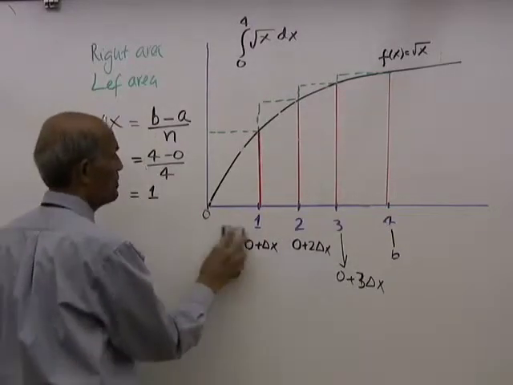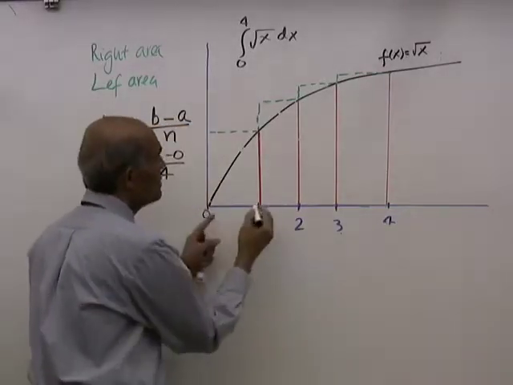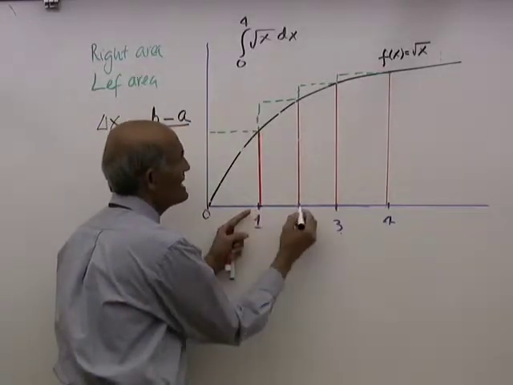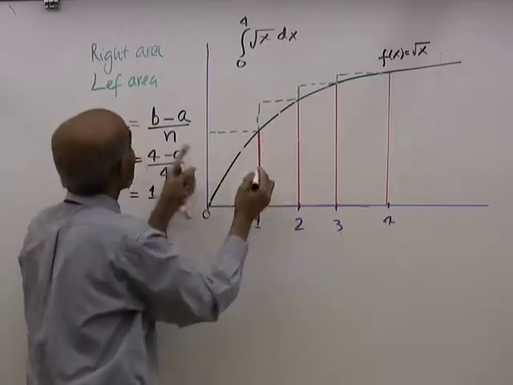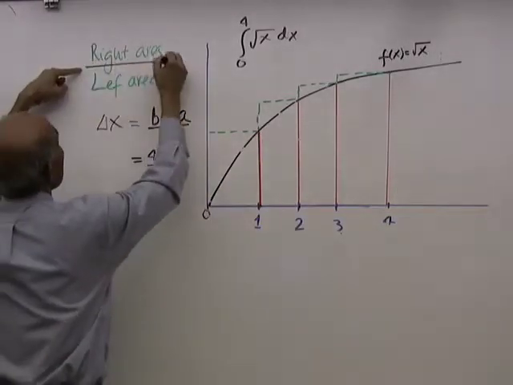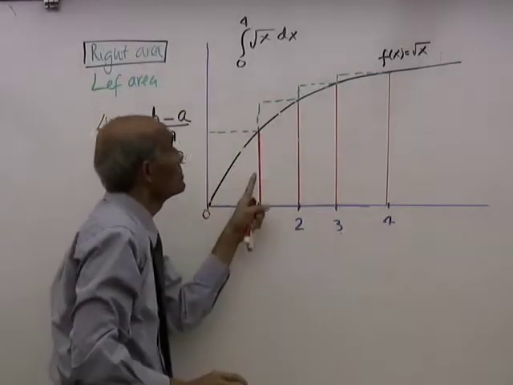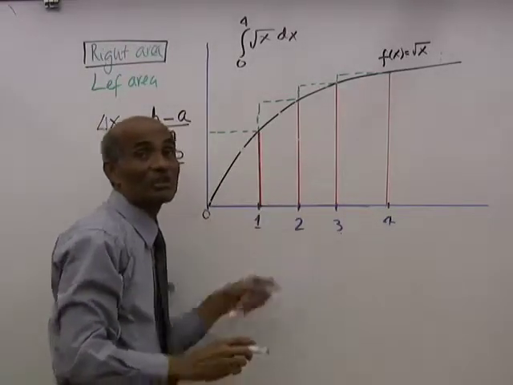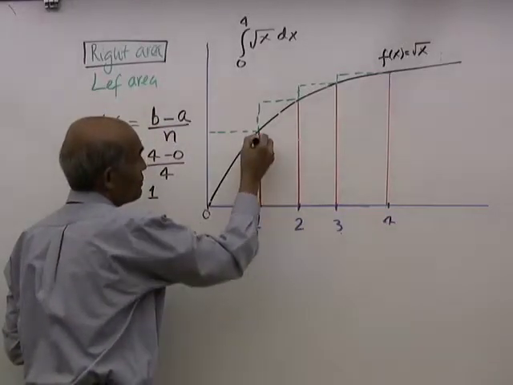Okay, so we know now each of the x values. We are going to use the right area first. To construct the right area, we will be using the right side of each rectangle. Now, the first rectangle, look at that.